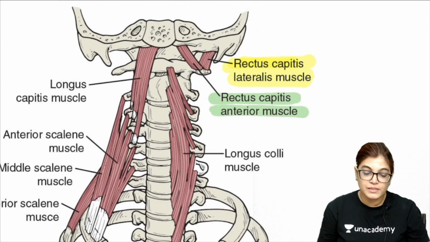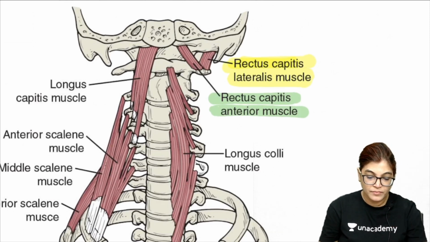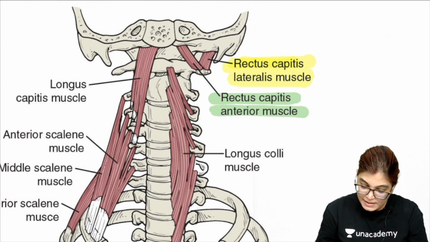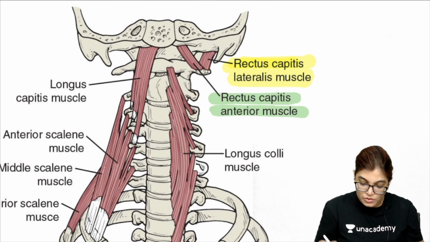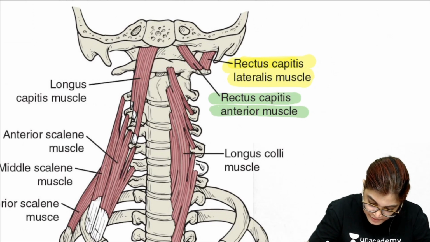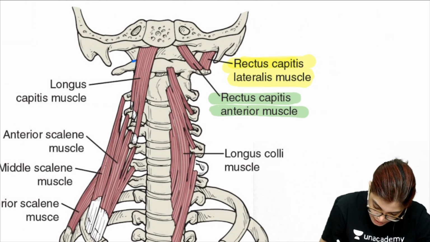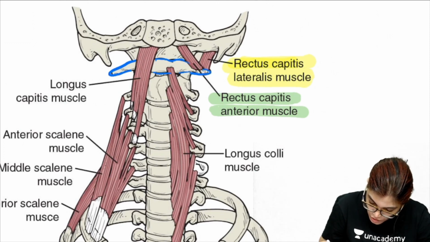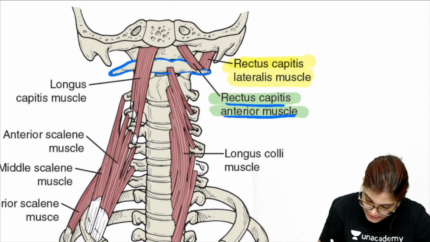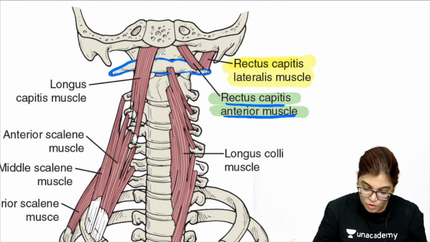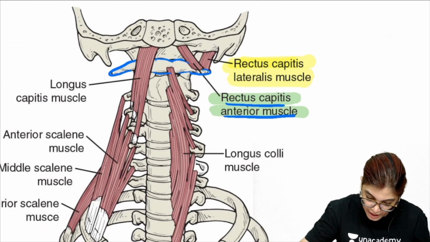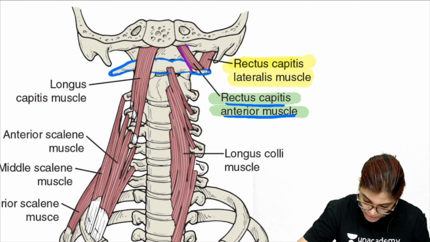Starting with the first muscle, the rectus capitis anterior muscle. It arises from the anterior surface of the lateral mass of the atlas. As you can see, this bone is the atlas, and rectus capitis anterior arises from the lateral mass of the atlas bone and passes in an upward direction.